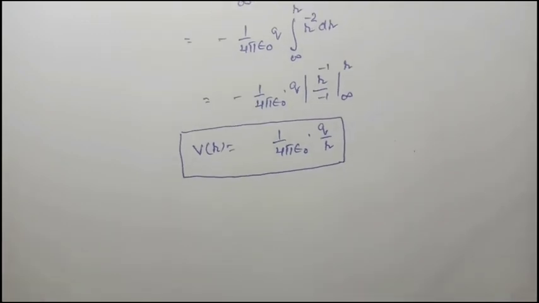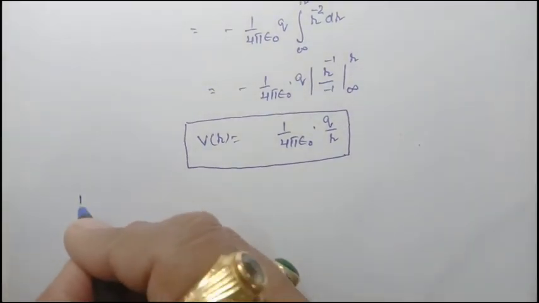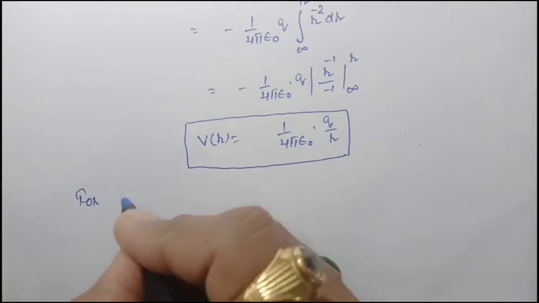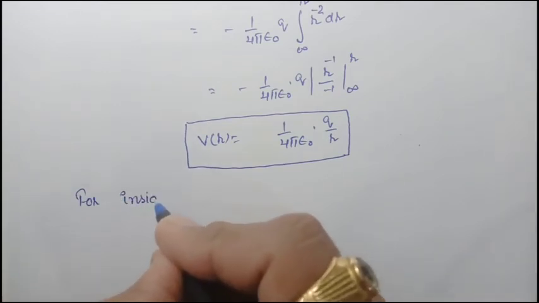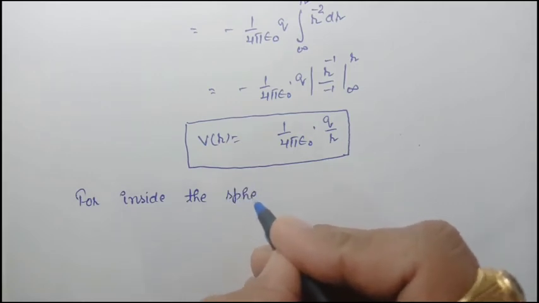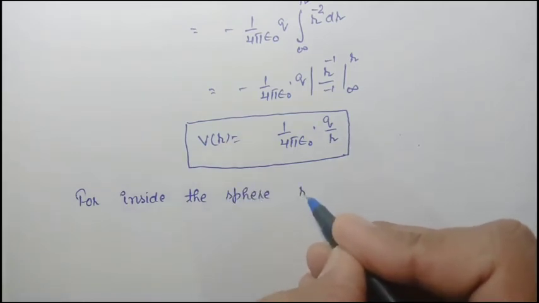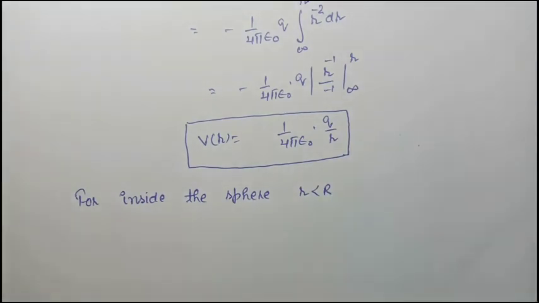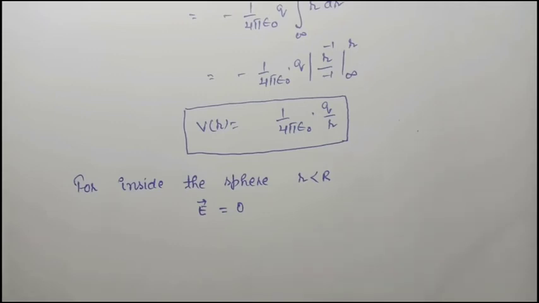Now the next point here is for inside the sphere. For inside the sphere, r is less than R. So in this condition, electric field is equal to 0.